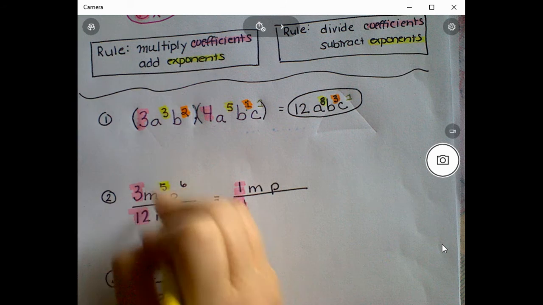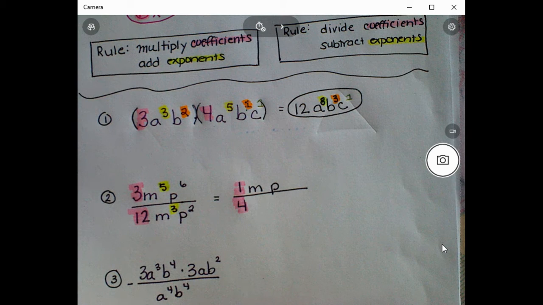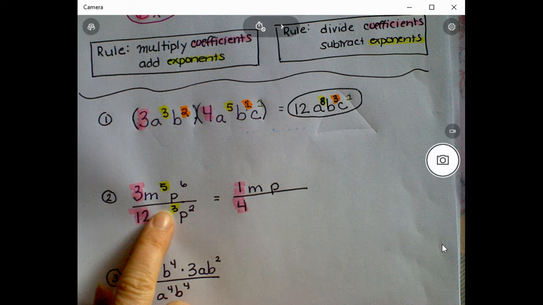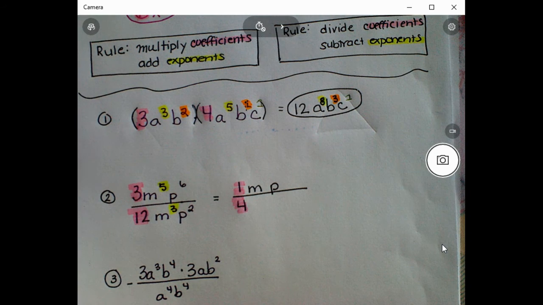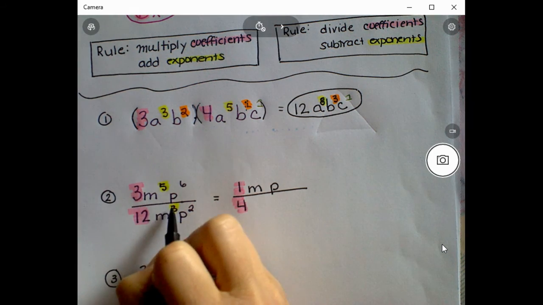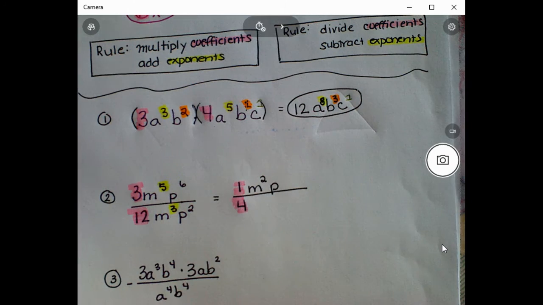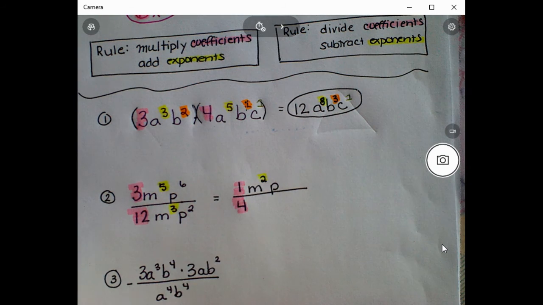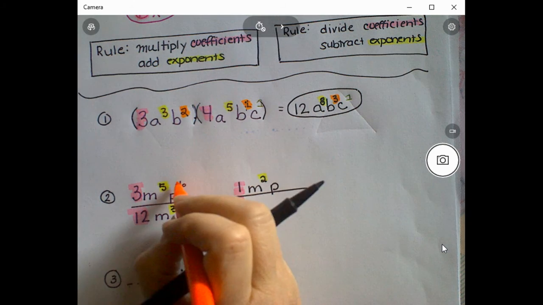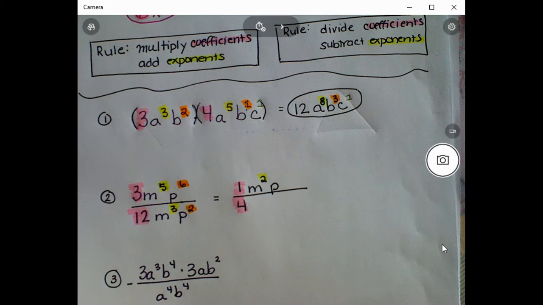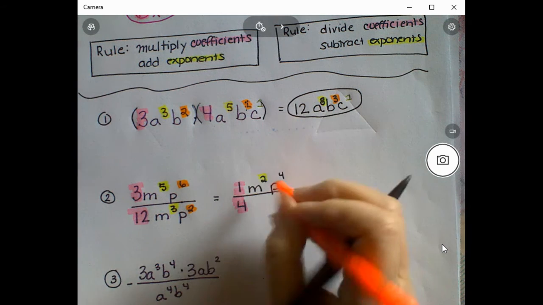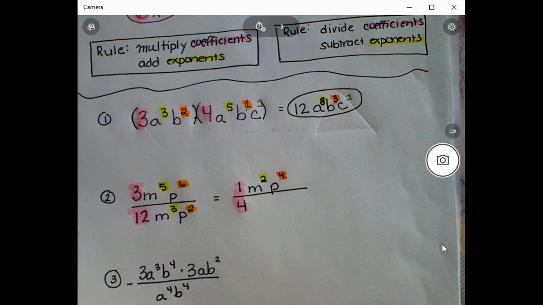When you divide, the rule is divide the coefficients, we did that, and subtract the exponents. 5 minus 3 is 2. And for our P's, 6 minus 2 is 4. And that's the answer.